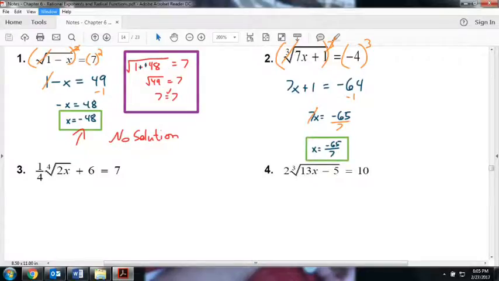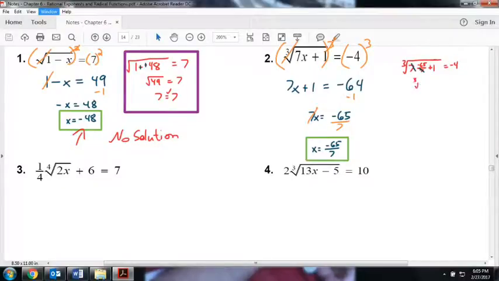You'll notice when you plug it back in, we have the third root of 7 times negative 65 divided by 7, plus 1, equals negative 4. Well, 7 divided by 7 is 1, so those cancel out.